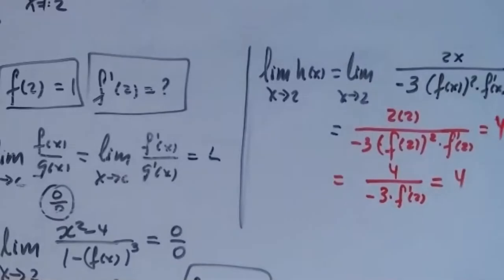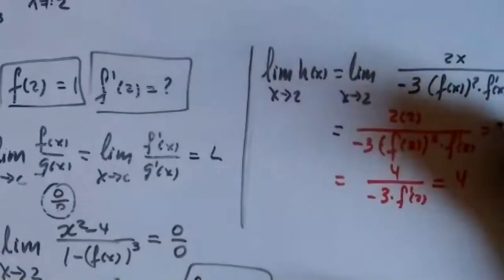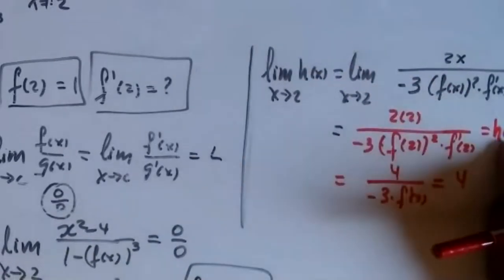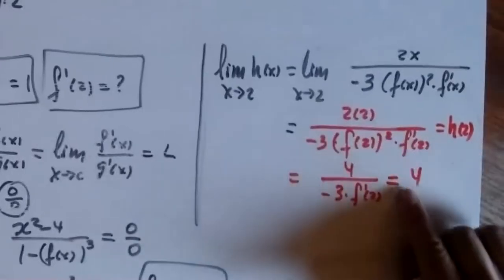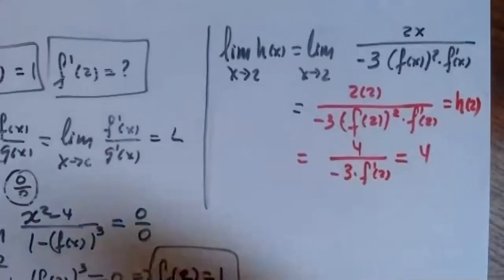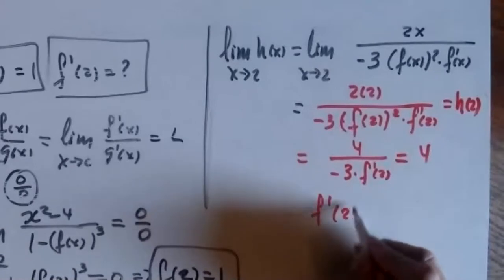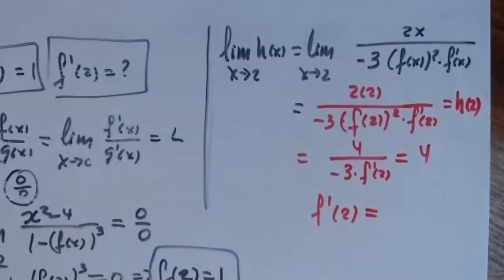Because it's continuous and differentiable, h of 2 is 4. Now, what is the value of f prime of 2? Value of f prime of 2 is negative what? Hold on. Just solve this one, come on.